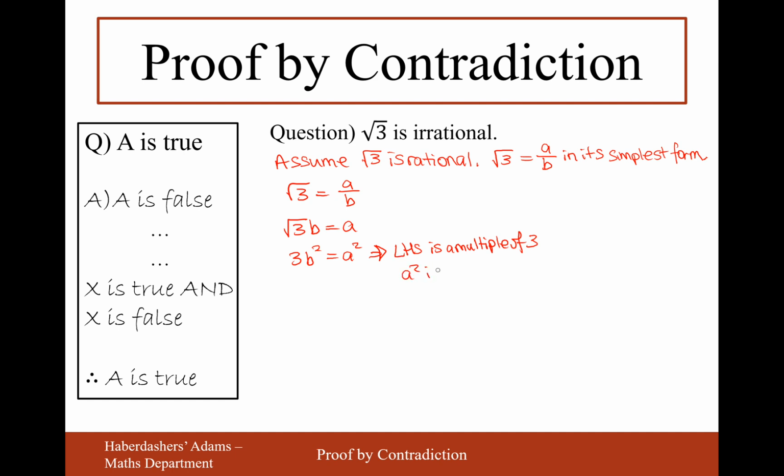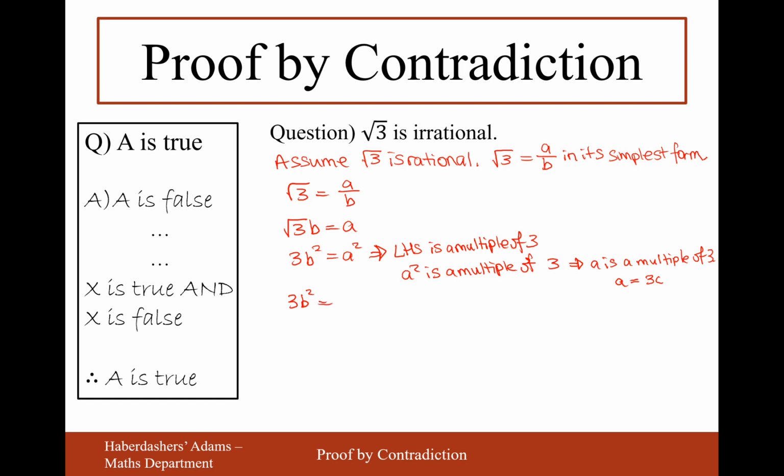So a squared is a multiple of 3. And if a squared is a multiple of 3, then a must be a multiple of 3. So if a is a multiple of 3, then it can be represented as a equals 3 times c. And now I'll bring this into my algebra.